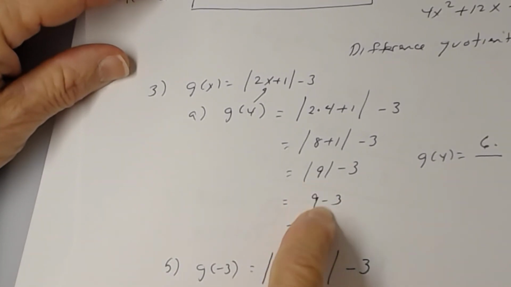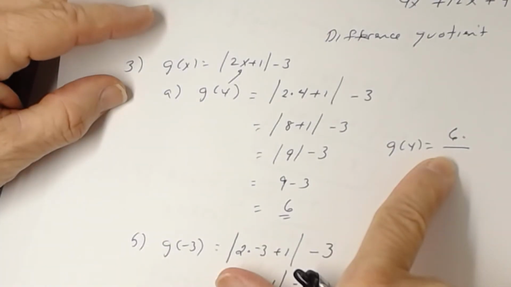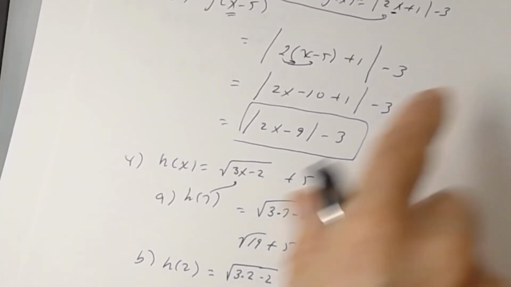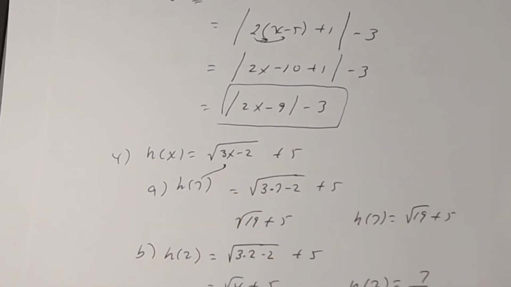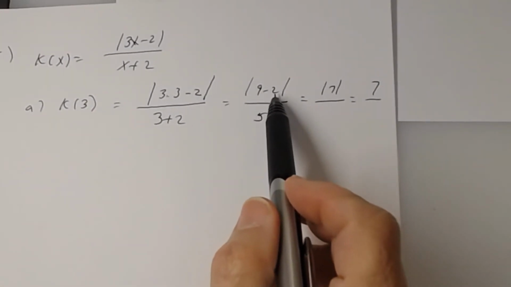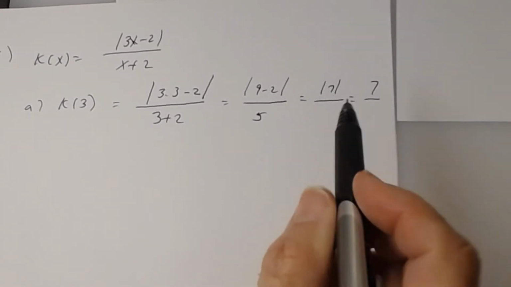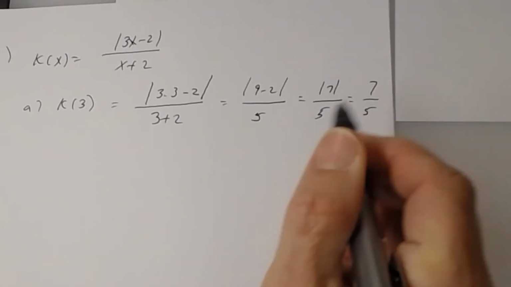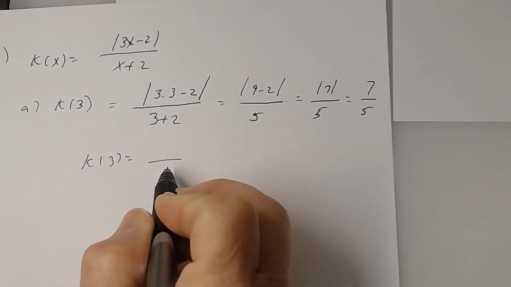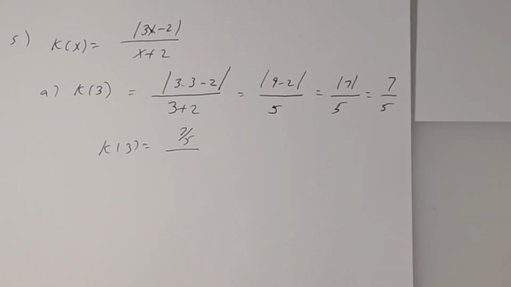We all know the absolute value of 9 is 9. So my answer did not have an absolute value bar. But when I did part C, it did. So now we're looking at this. What's 9 minus 2? 7. And I know the absolute value of 7 is what? 7. So therefore you're going to say this. In the blank, you're going to say k of 3 equals blank. What do I put though? 7 over 5. That's what you put. Okay?